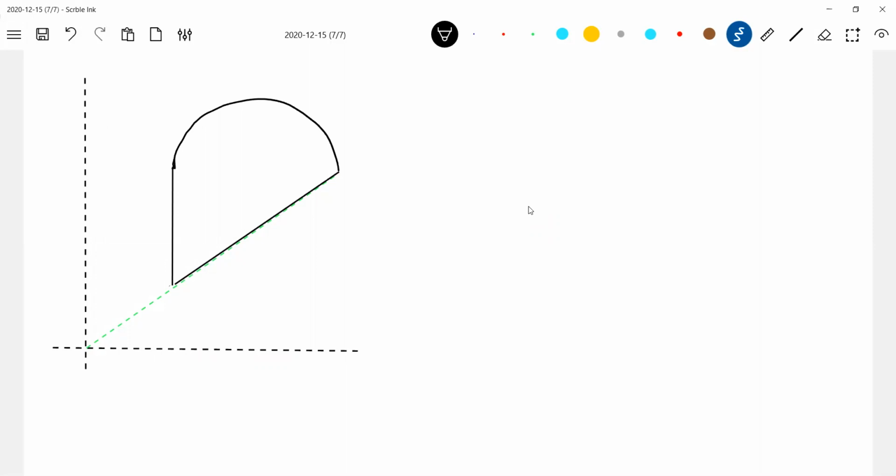Okay, we have the next one. This is P naught to 2 P naught, 4 P naught. This is V naught to 2 V naught.